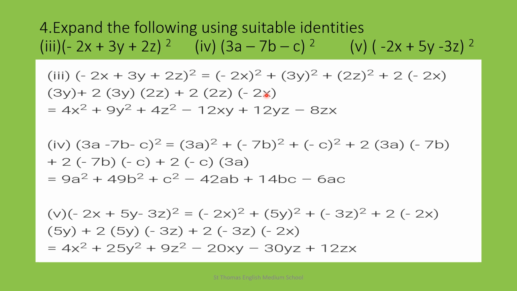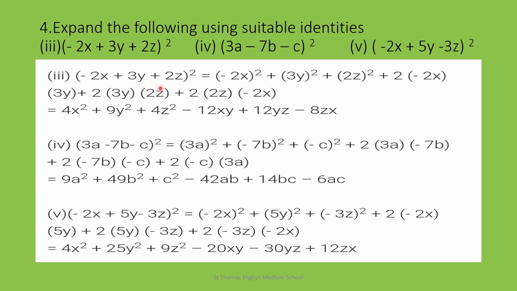Please be careful about the signs while writing. Minus 2x whole square, that is 4x square, 3y square, that is 9y square, plus 2z whole square, that is 4z square.